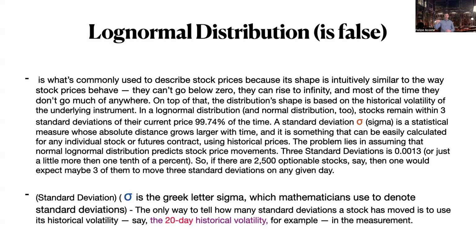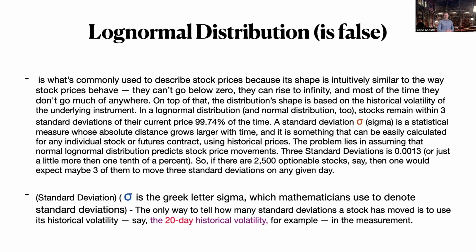So that means they're not supposed to be very volatile 99.74% of the time. And a standard deviation is a statistical measure whose absolute distance grows larger with time. It can be easily calculated for any individual stock or future contract using historical prices.